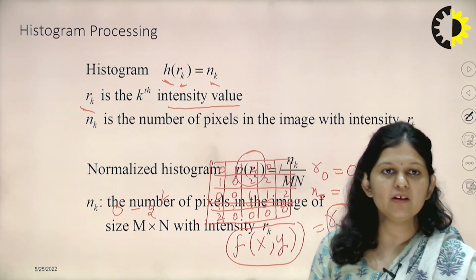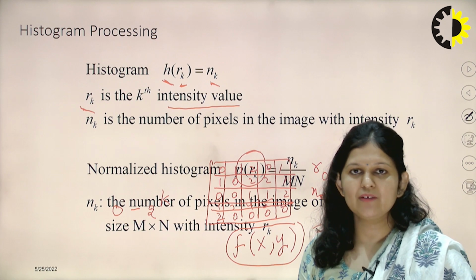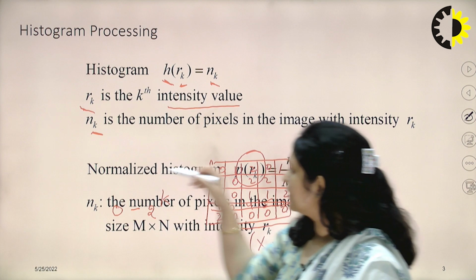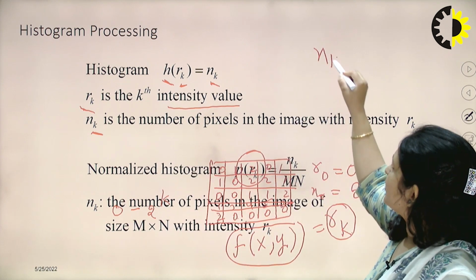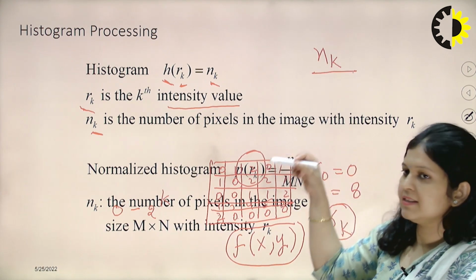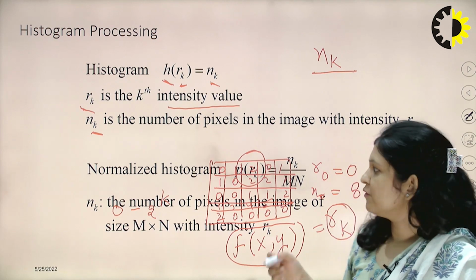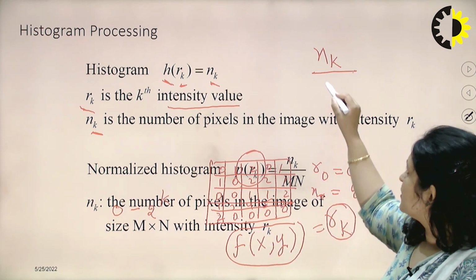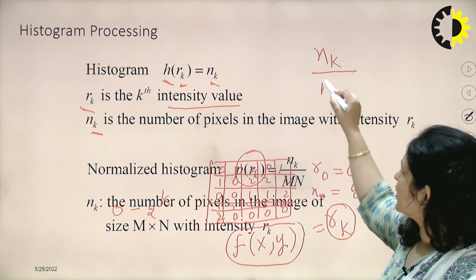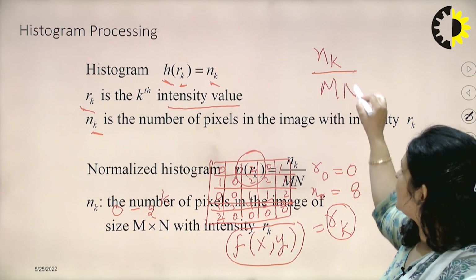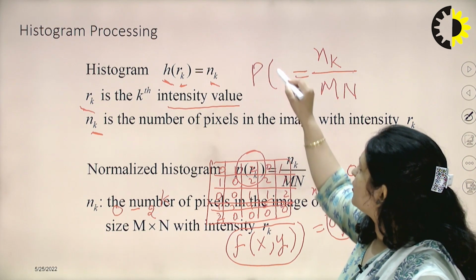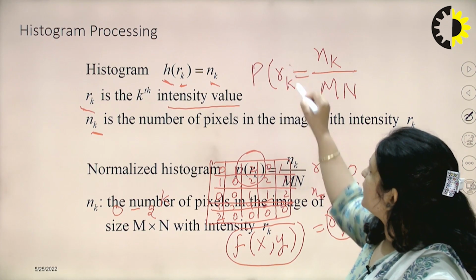The probability of any intensity value is equal to the number of pixels n_k divided by the total pixels in the image. If the image has M rows and N columns, the normalized histogram probability is n_k upon MN, which is the probability of the kth intensity value.